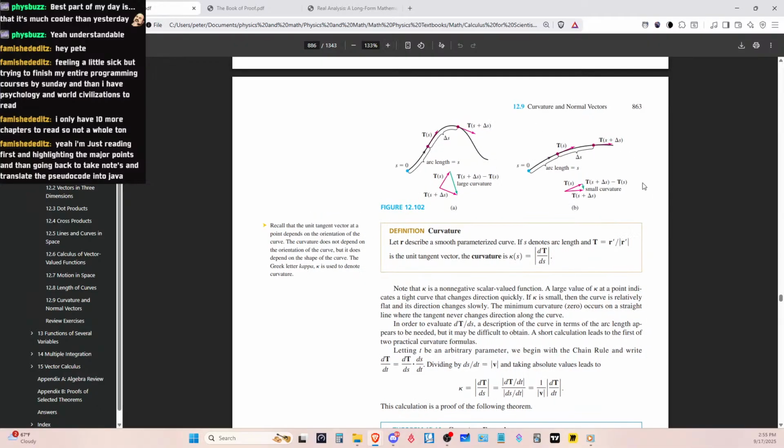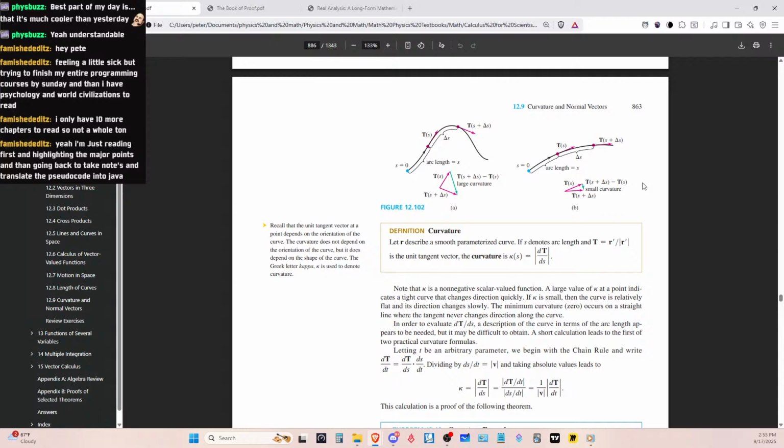Okay, curvature. Let R be described as a smooth, as a smooth, I don't know why I said firm. Let R describe a smooth parameterized curve.